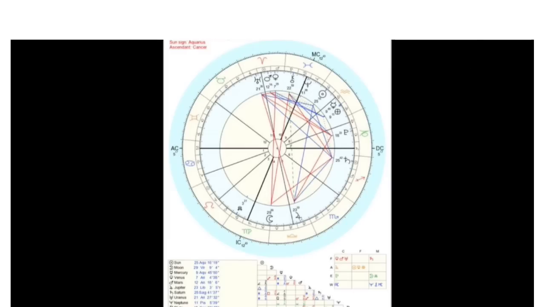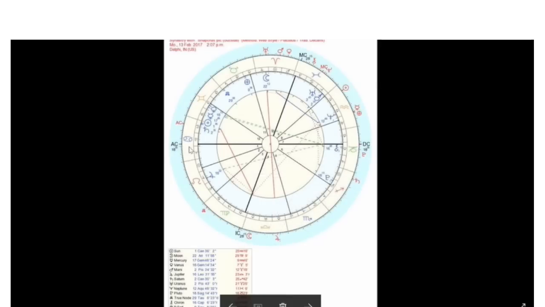So there again is that point, 18 of Cancer, which makes Pluto exactly on Abby's descendant, on 18 of Capricorn. So that means she was in the face of this person at that time. I would say that she was facing in his direction at that time.